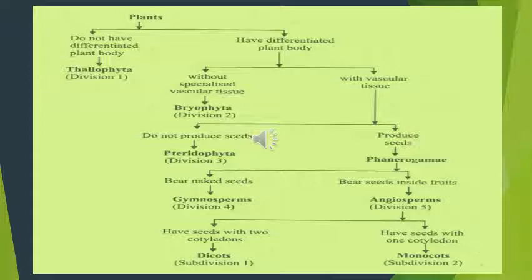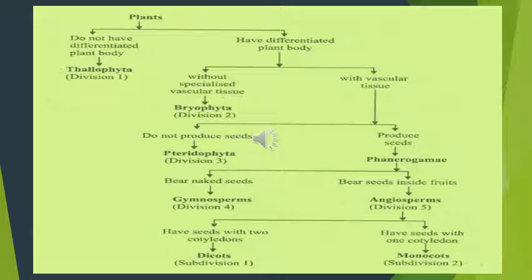So, in our next class, we are going to read the characteristics of these different divisions. So, in this video, what we have learned is the various systems of classification, that is natural, artificial, phylogenetic, then numerical taxonomy, cytotaxonomy, and chemotaxonomy.